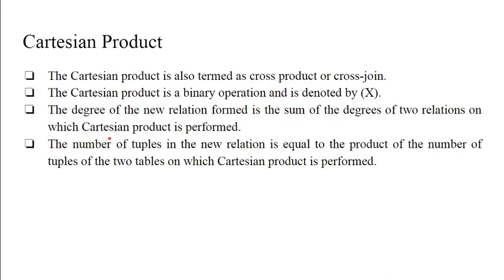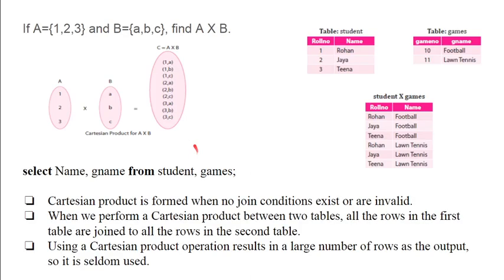So the number of columns will be the sum of the columns in both the tables, and the number of tuples, or the cardinality, in the new relation is equal to the product of the number of tuples of the two tables on which the Cartesian product is performed. That is, the number of rows equals the product of the number of rows in both the tables, and the number of columns is the sum of the number of columns in both the tables.